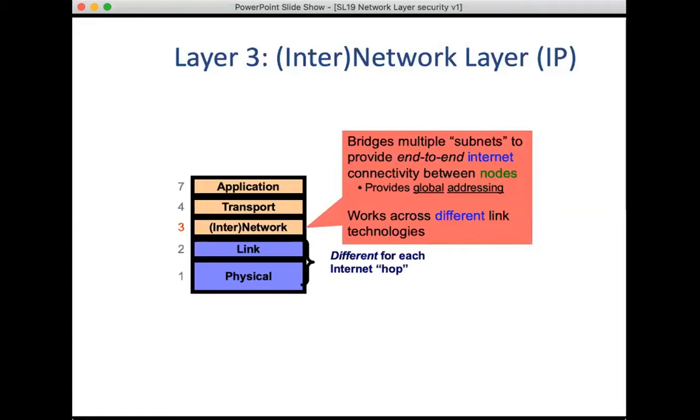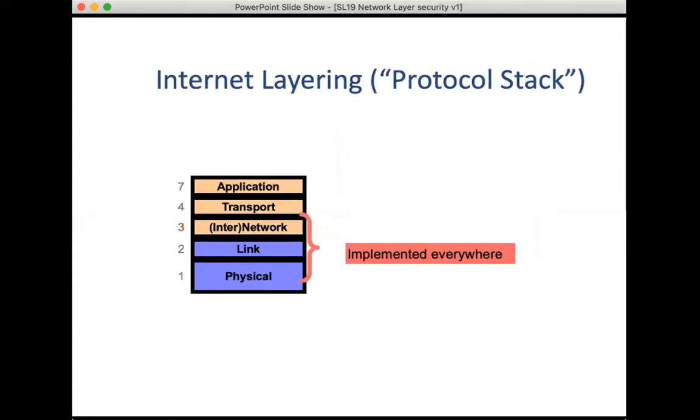So what we see is that both physical layer and link layer could be different for each hop, while the IP layer remains the same because it interconnects different hops, right? All right, so this we have already seen. These three layers, physical layer, link layer, and network layer, are implemented at all nodes. For example, the laptop we are connecting will have a stack with physical layer, link layer, and network layer.